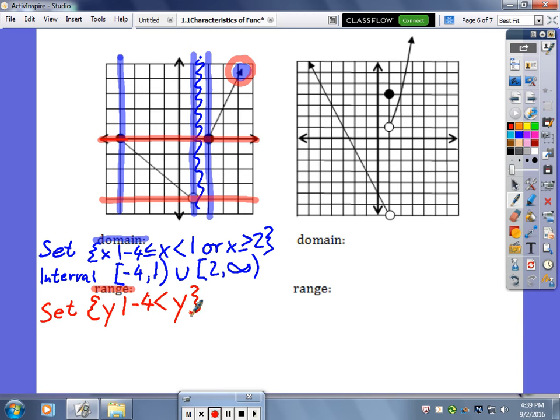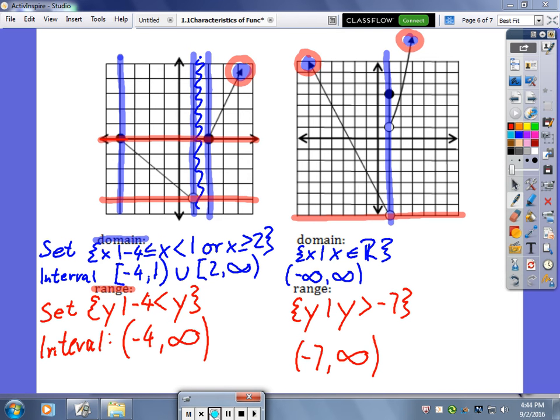In interval notation, we will write open parentheses -4, comma, infinity, and another set of open parentheses. Go ahead and try that next example by yourselves and watch very carefully for the open and closed circles.